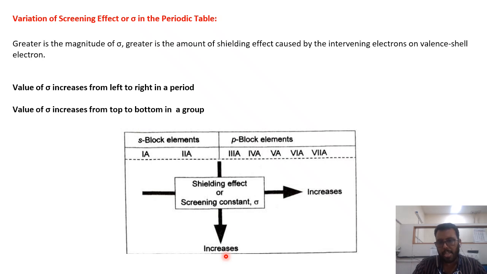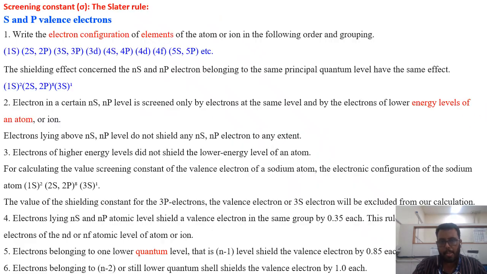In the case of the shielding effect or shielding constant, it increases across the period as well as down the group. That's all, to keep it simple. So the greater the magnitude of sigma, the greater the shielding effect, because it's directly proportional. This is caused by the inner electrons or intervening electrons on the valence shell electron.